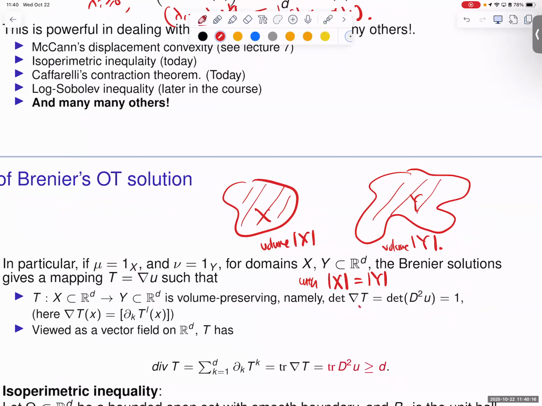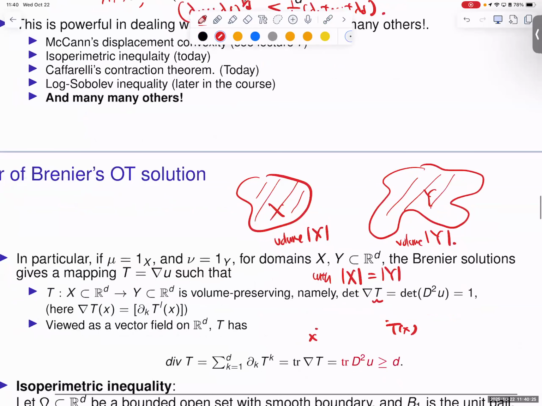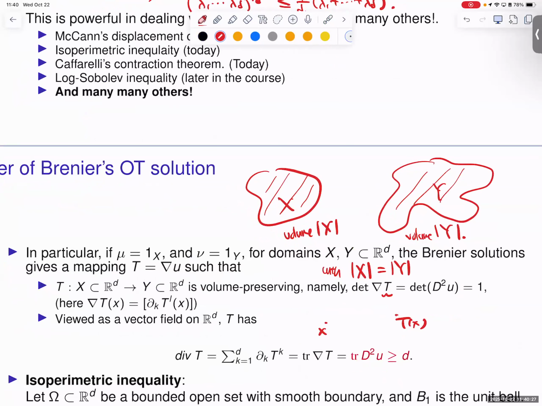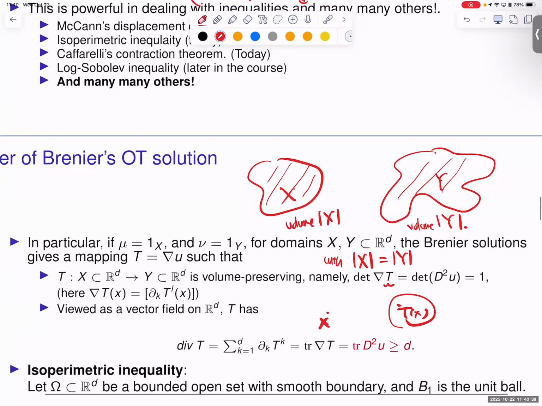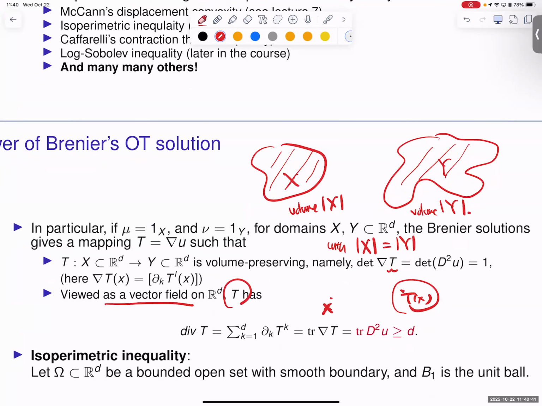And this mapping T, so given x, you have this T(x), right? You can view this T as a kind of vector field, because at each x you have this vector T(x). For example, you can consider the divergence of that vector field.